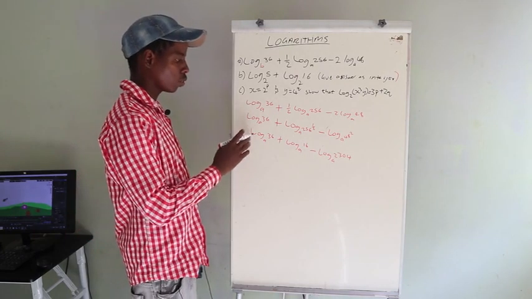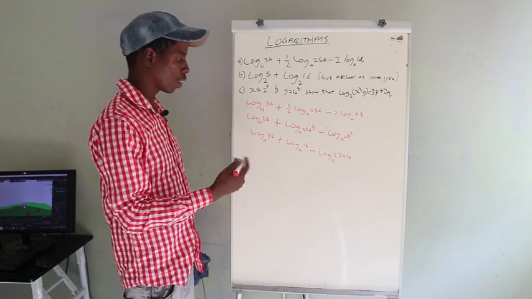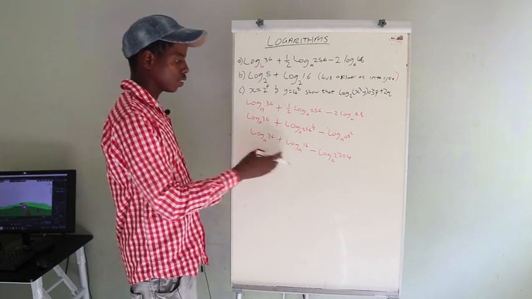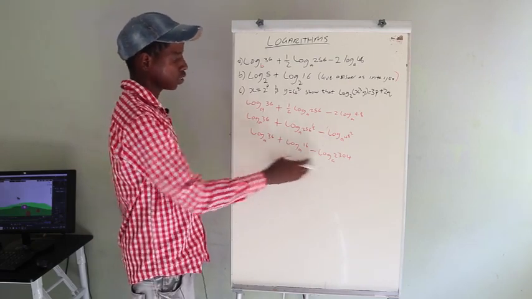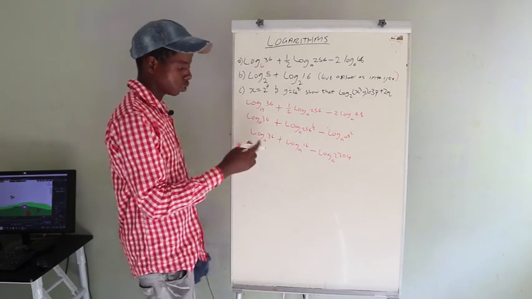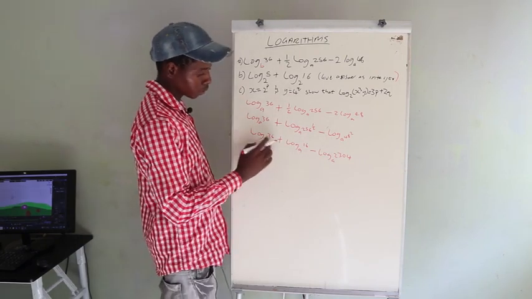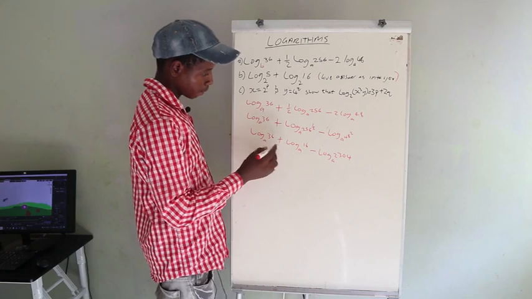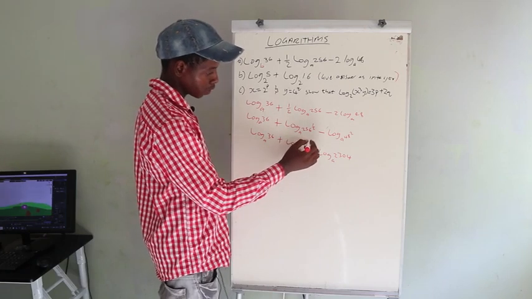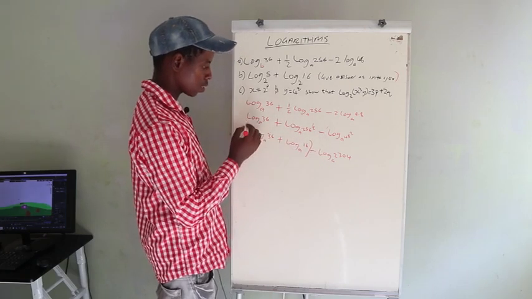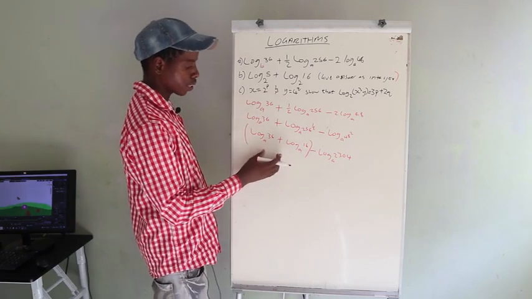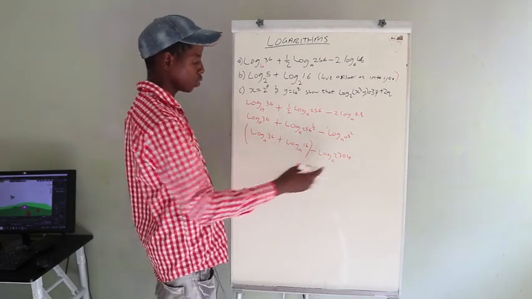Now we are okay with the logarithm, with the way this equation is presented. We're going to divide this first. Let's separate this. We've got this part, and then we have this part.